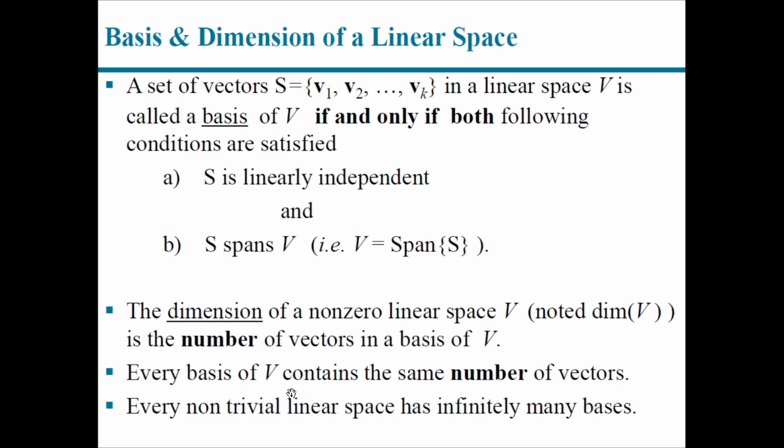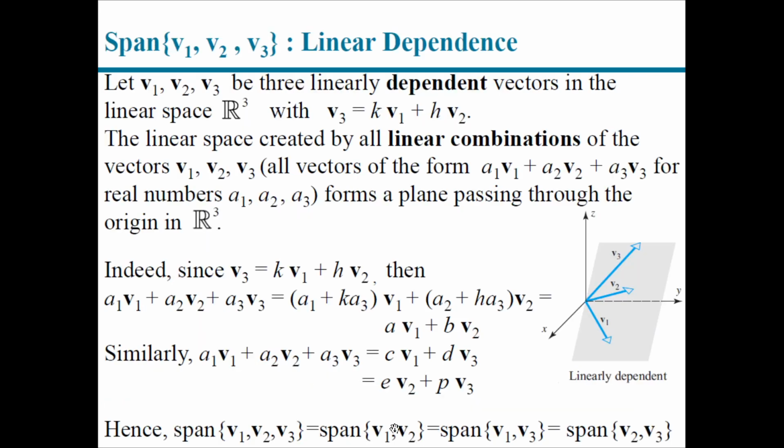By the way, every basis for a linear space has the same number of vectors. We saw that each time we have 2 in the previous example. And by the way, we can have infinitely many bases for any non-trivial linear space. Because if we go back here, if I multiply v1 by 7, and then I have 7v1, v2, they'll still generate the same space, because the span is just all linear combinations.